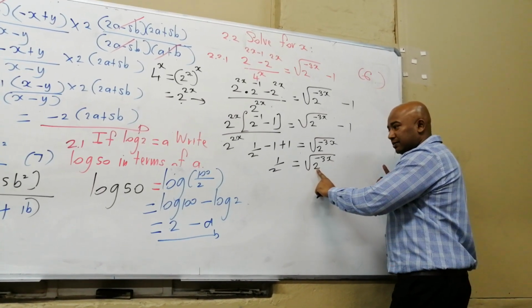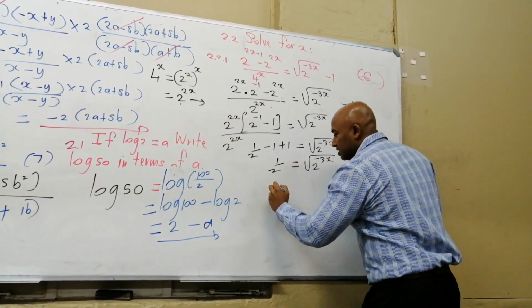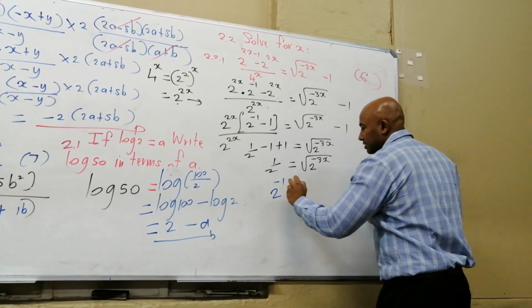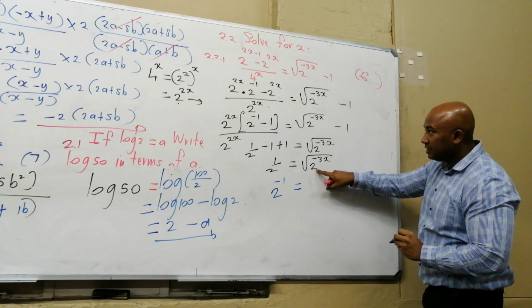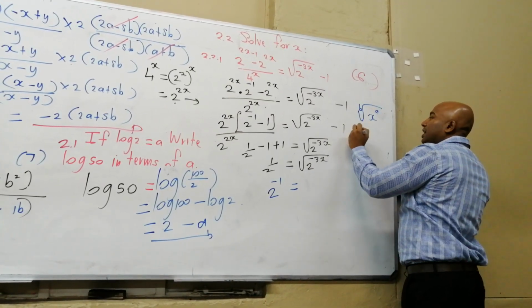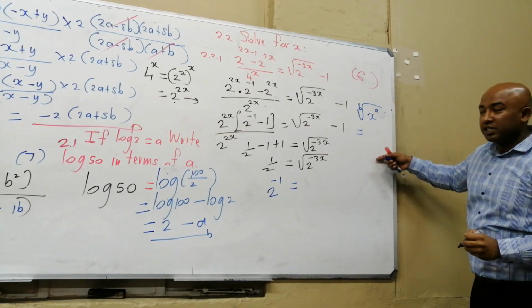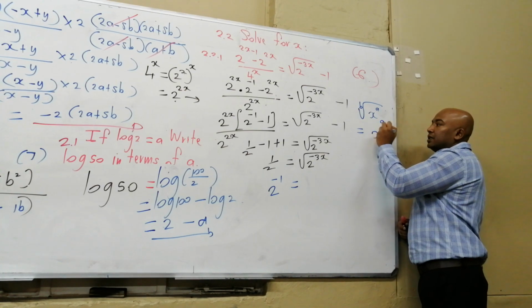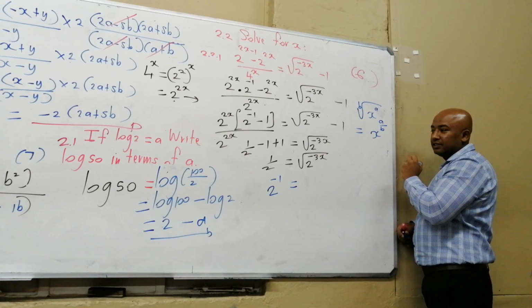Can you see that? So 1 over 2 can be written as 2 to the power minus 1. Then here, if I have the bth root of x to the power a, and I want to convert this from surd form to exponential form, this can be written as x to the power a over b. Are you clear with that?